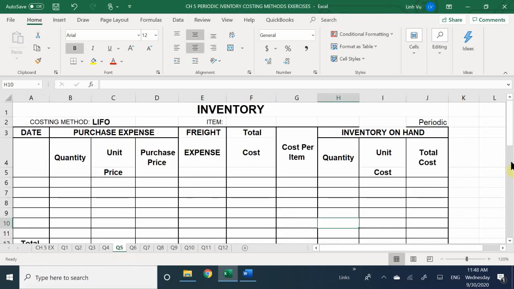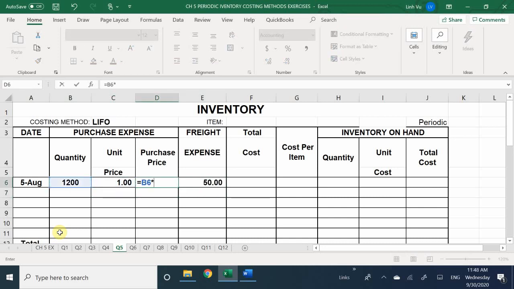So here I'm on my table. I'm going to recognize that on August 5th, we purchased a total of 1,200 units at $1 each, and my freight was $50.